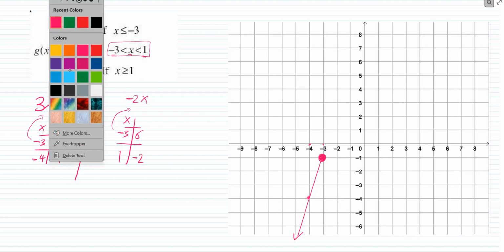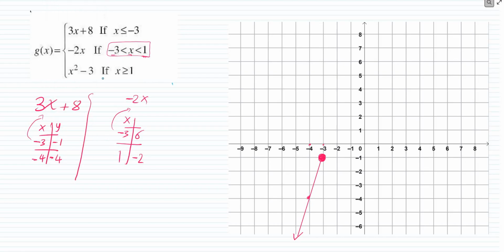Let's change the color. Okay, so (-3, 6). This is negative 3, and 6 on this graph is going to be here, students, right? Do we shade? No, we will not shade for negative 3 because there is no equal sign here. We'll leave it open.